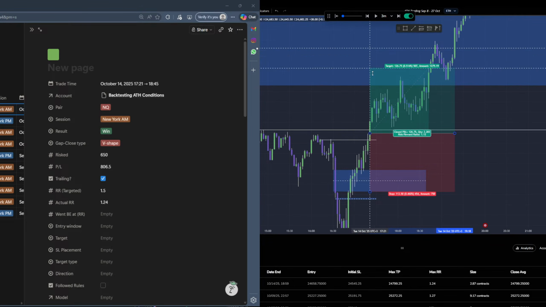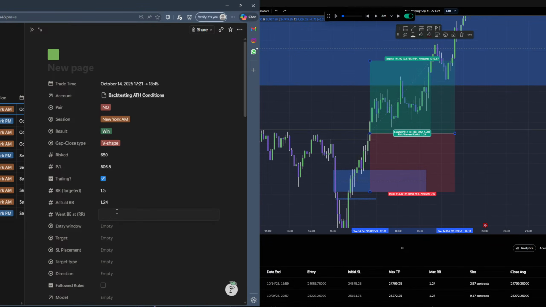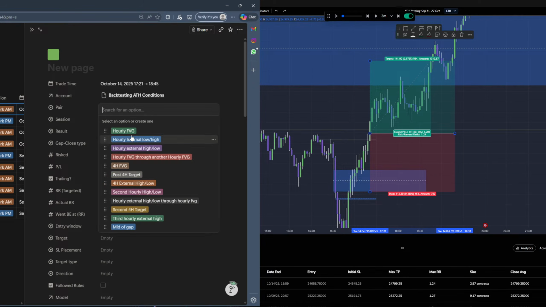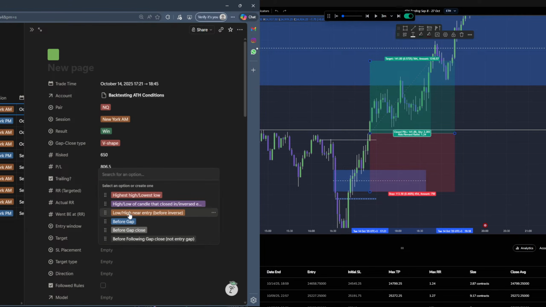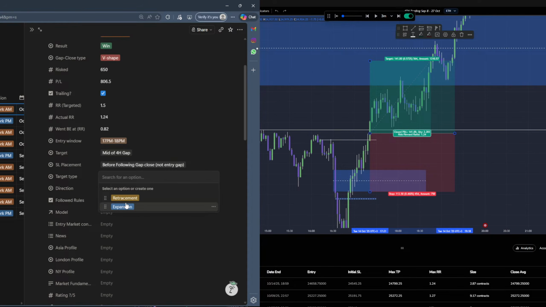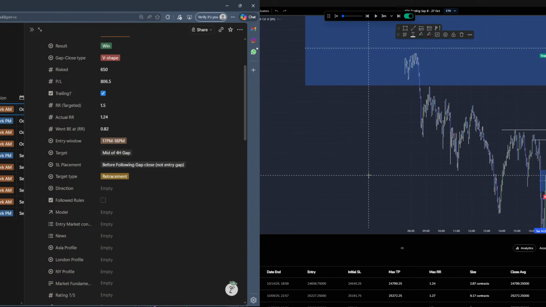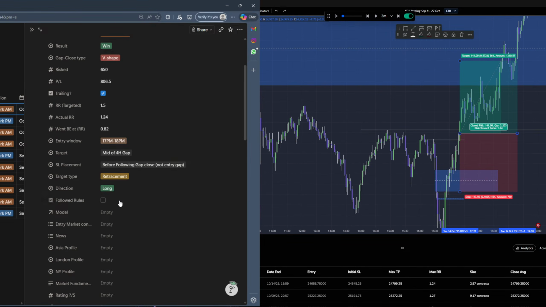And I went break even at 0.882. Entry window was at 5 p.m. Was the mid of gap. I should add a mid of 4-hour gap. Stop loss placement was just below following gap close. Target type was a retracement, I guess. Yeah, retracement long, all the rules.